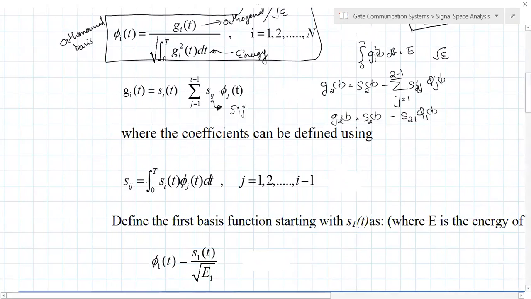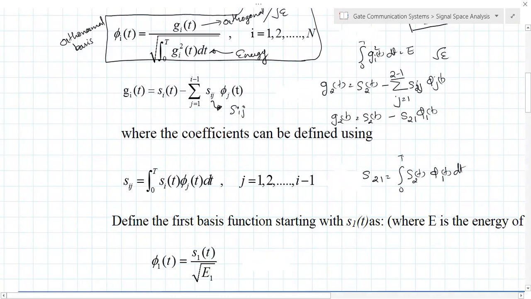The coefficient s_ij we can calculate using the third formula: s_ij is equal to the integral from 0 to T of s_i(t) times phi_j(t) dt. That is, if you want to calculate s21, you use the integral from 0 to T of s2(t) and phi1(t) dt.